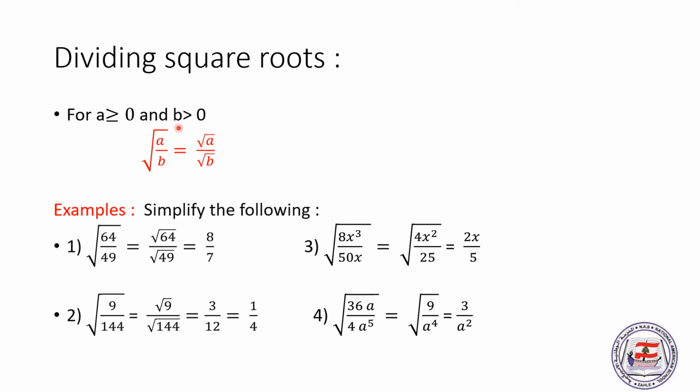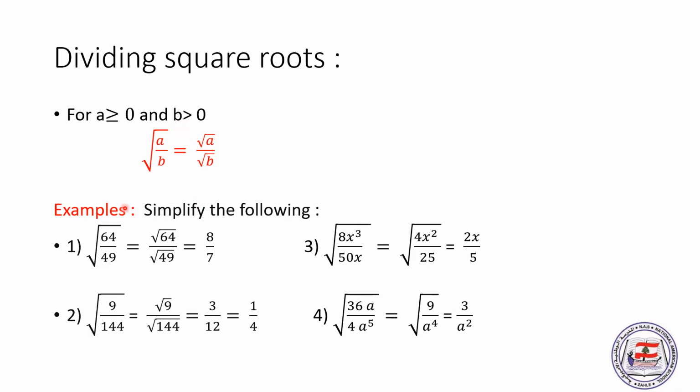That's why the rule states that for a greater or equal to 0 and b greater than 0, we have square root of a over b gives square root of a over square root of b. It's the same concept as in multiplication. So if we have two radicals, we can write it into one radical over a fraction and vice versa.